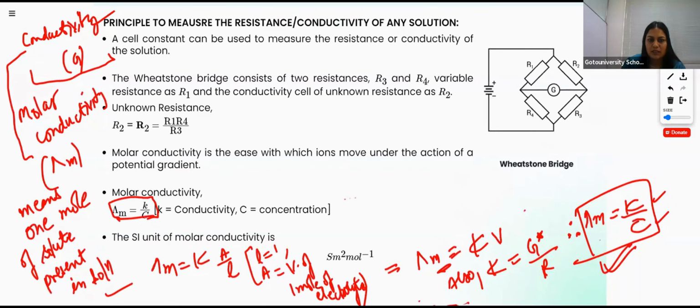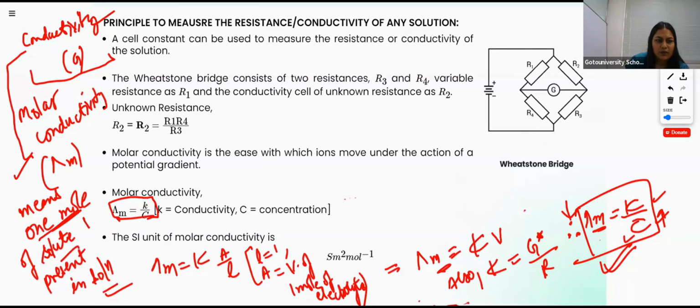So here we can say that molar conductivity has an inverse relation to concentration. If the concentration of a solution increases, the molar conductivity decreases. As I have discussed, molar conductivity means 1 mole of solute present in solution.